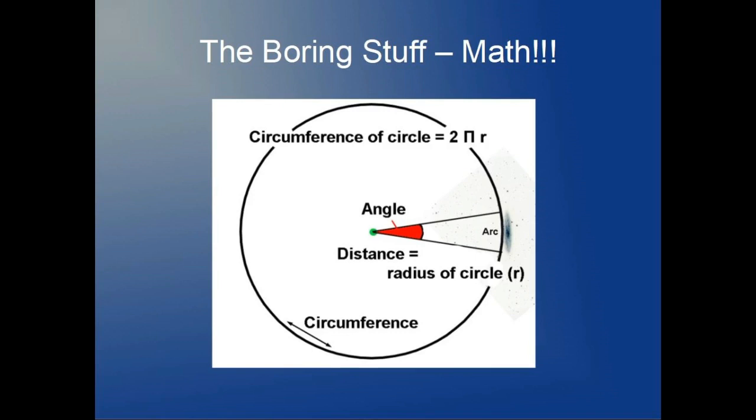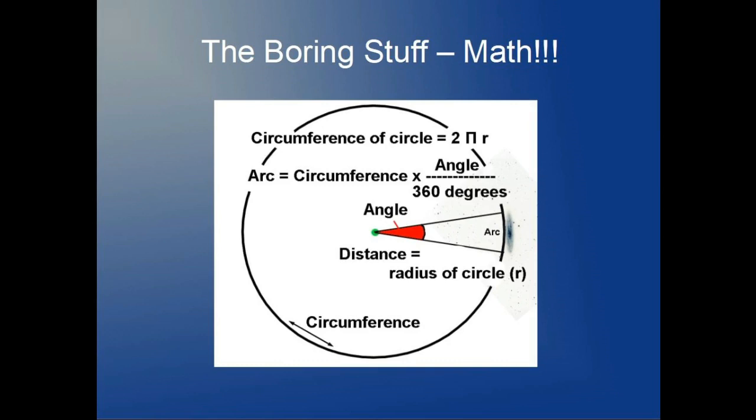To do that, we use the formula 2 multiplied by pi, which is about 3 1/7, multiplied by the length of the radius. Of course, once we know the length of the circumference, we can easily calculate the length of any arc by first dividing the circumference by the 360 degrees that there are in a circle, and then multiplying the result by the number of degrees, or part degree, that defines the arc.